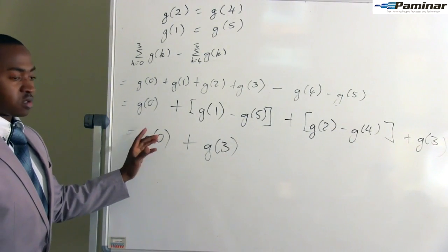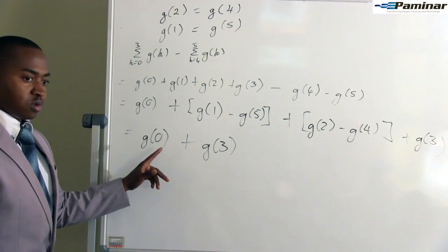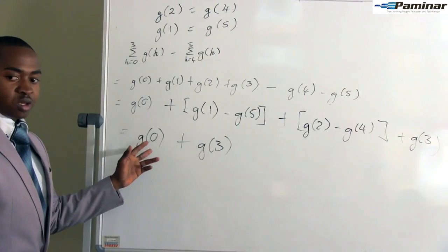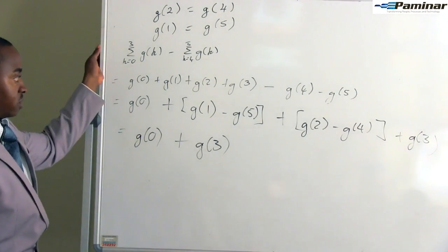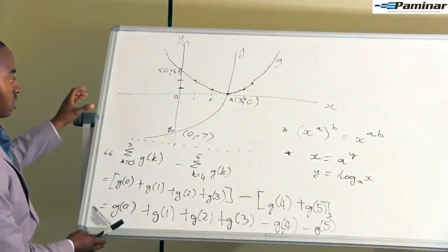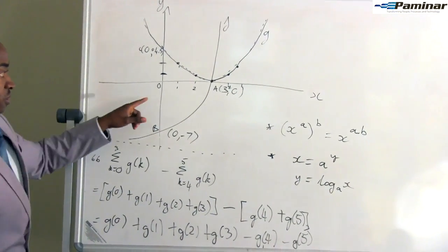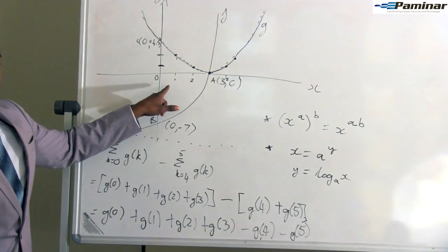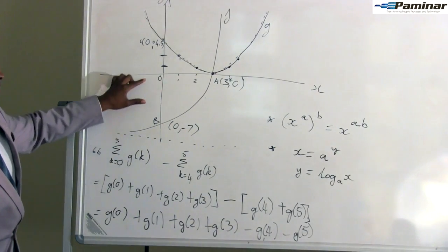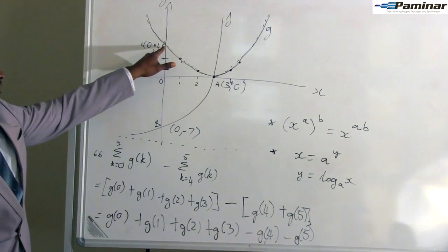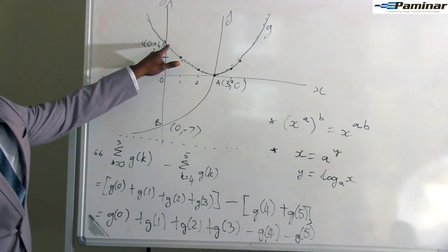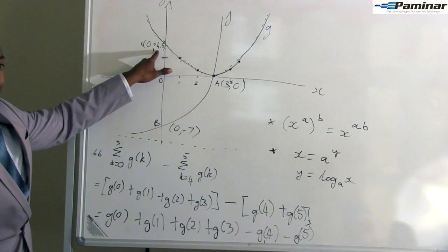g of 0 means, what's the value for y when x is 0? Let's go back to our graph. When x is 0, in other words g of 0, do you see what the value of y is? They give it to us in the diagram. It's 4.5.